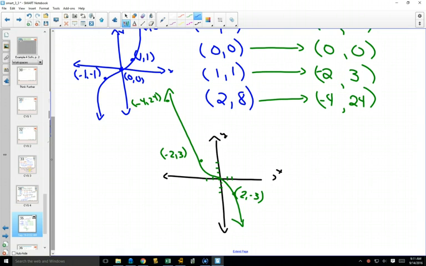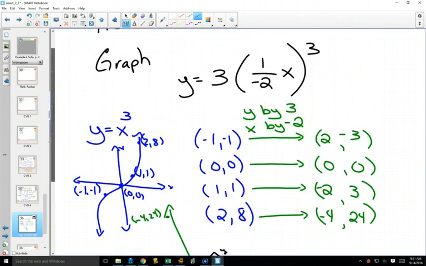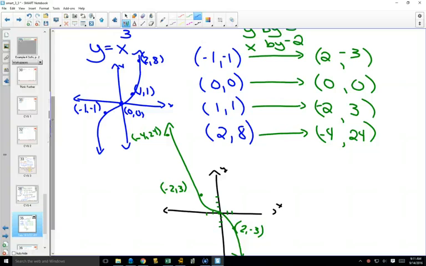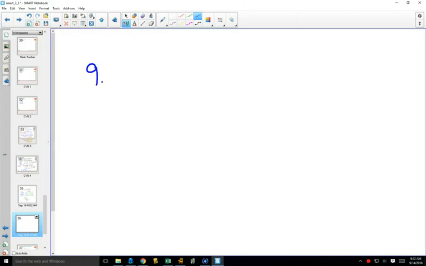Now, this is a good question to do because there's a question in your homework, and we'll just look at it quickly right now. I'm going to look at number 9. So number 9 asks you to graph this.